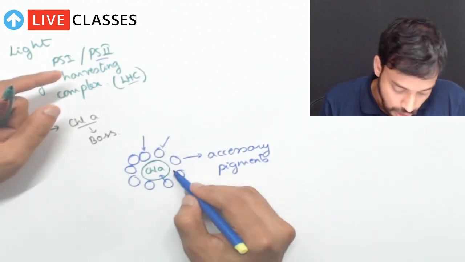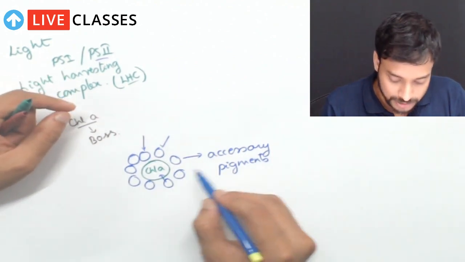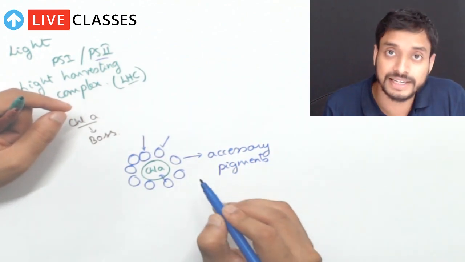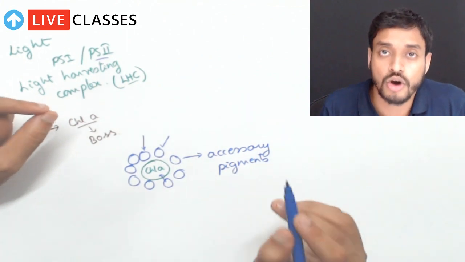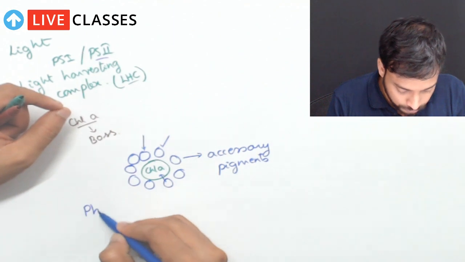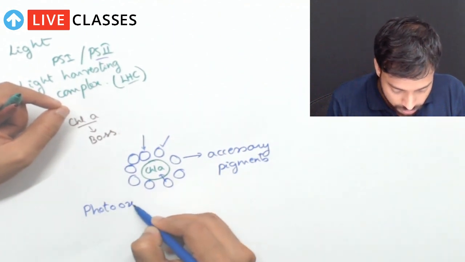Now, also, in addition to this, these accessory pigments help in preventing the photo-oxidation of chlorophyll A. Now, I'll explain what is this photo-oxidation.